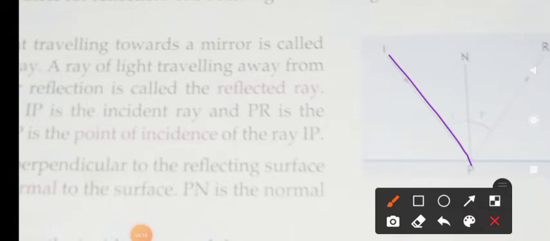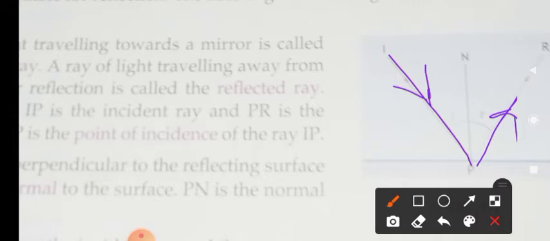What is it called? Incident ray. Do you understand what an incident ray is? After falling on the surface, the light rays get reflected. Those rays are called reflected rays. The incident ray has the arrowhead pointing towards the surface, and for the reflected ray, the arrow points along the path of the ray.